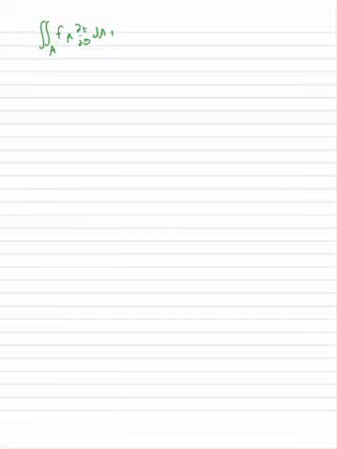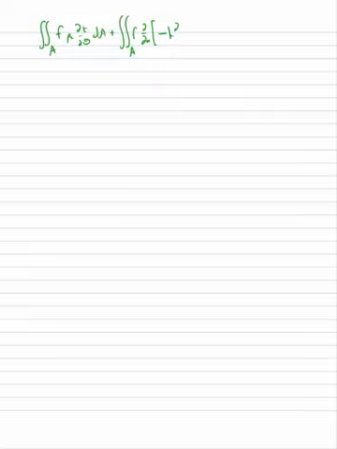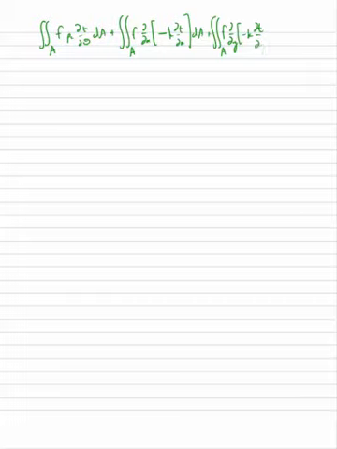And we have our two conduction terms, so the integral over the area of f times d/dx of minus k dT/dx dA plus the integral of f times d/dy of minus k times dT/dy dA, and then finally minus the integral over the area of f times g triple prime dA equals 0.